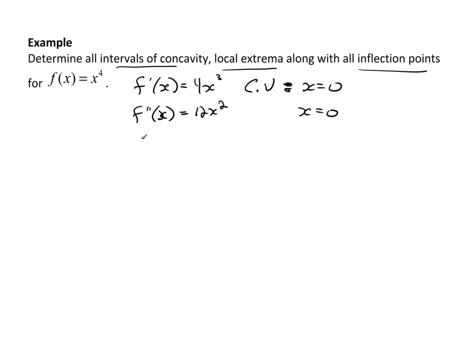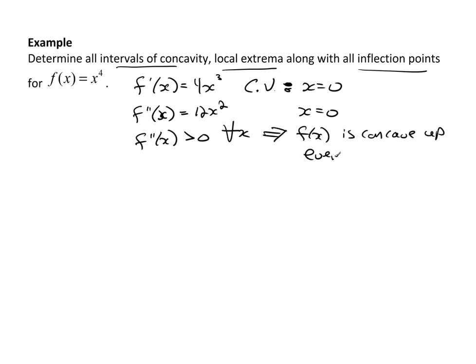Now notice here that f double prime of x is in fact greater than 0 for all x, period. That means that f of x is concave up everywhere.